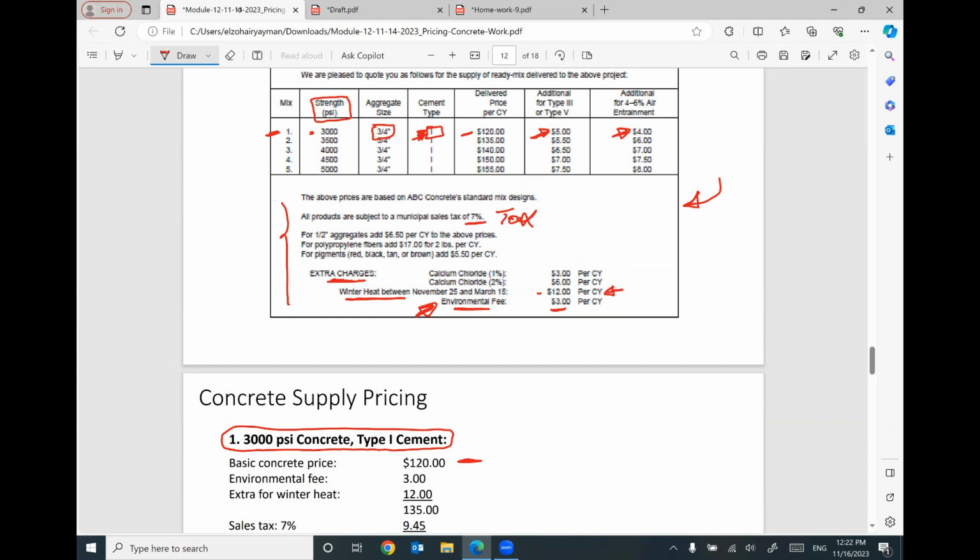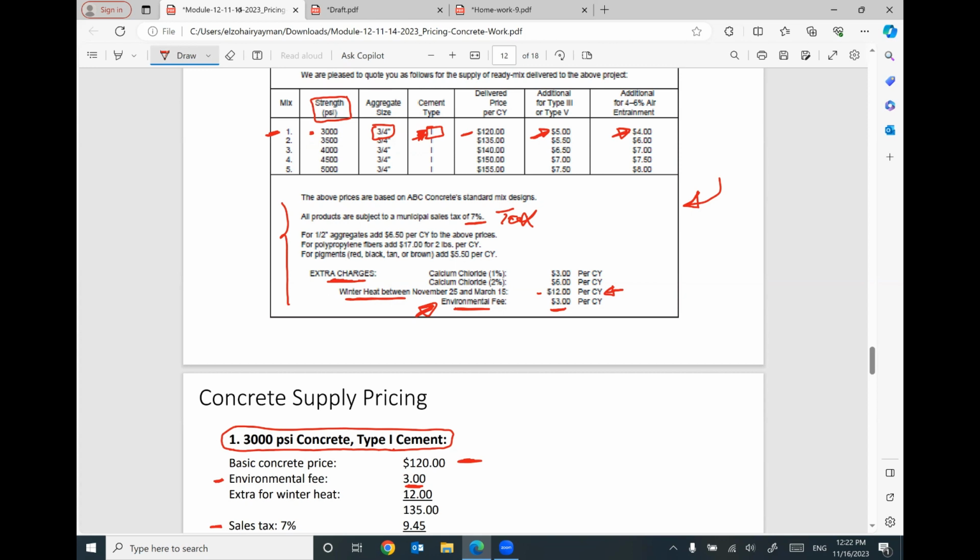This is the basic cost. We need to add the environmental fee and we need to add tax. The environmental fee will be $3. And we are using type 1 cement, no change, so no extra cost for the cement type.